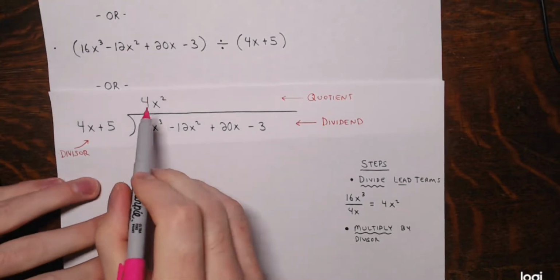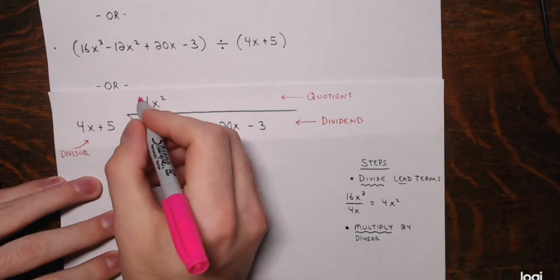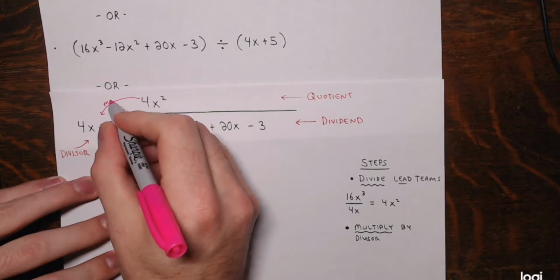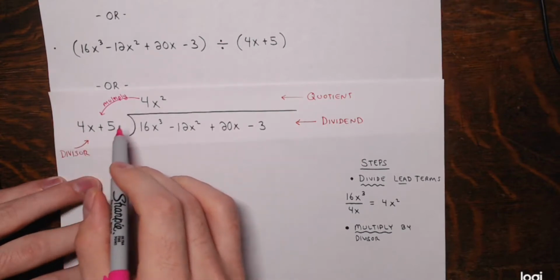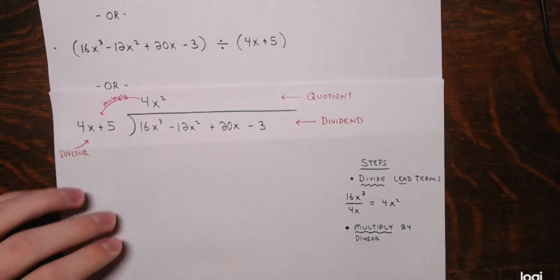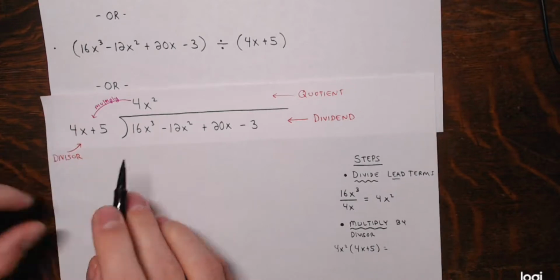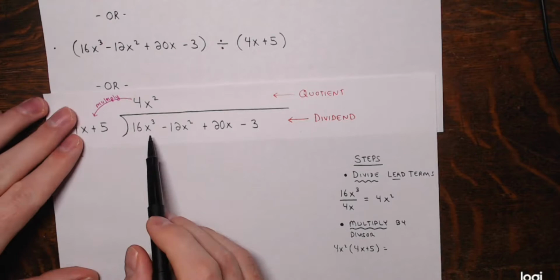You take the term you just wrote after the division step, just that term, and you multiply by the divisor. What's 4x squared times the quantity of the entire divisor, 4x plus 5? And you just write that in the next line, right below the dividend.